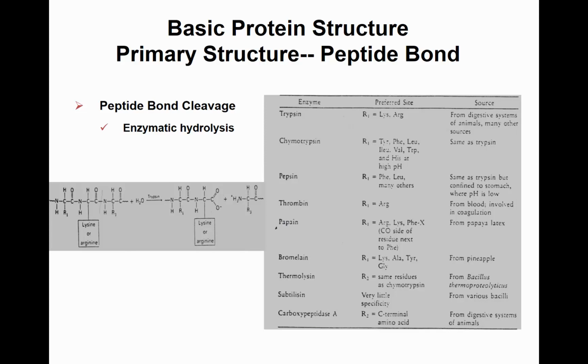Peptide bonds are also cleaved by enzymatic hydrolysis. So there are proteases. You'll have a lecture on enzymes, and proteases are one type of enzyme that is specific to breaking peptide bonds. But there are a lot of different proteases, and with that comes a lot of different selectivity.